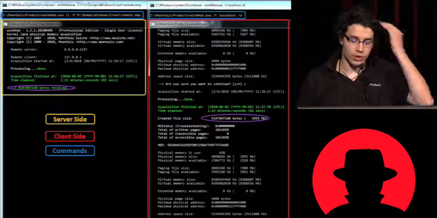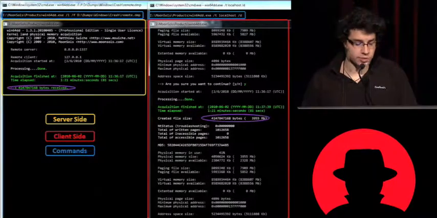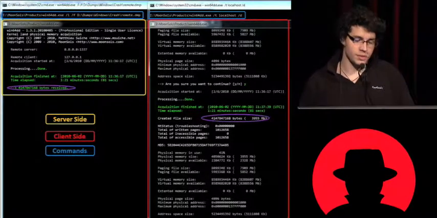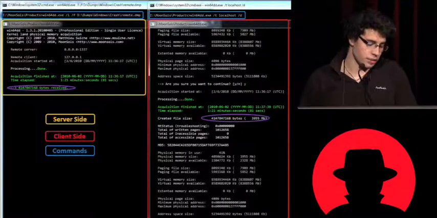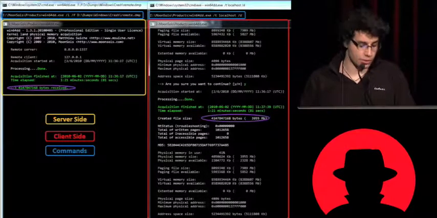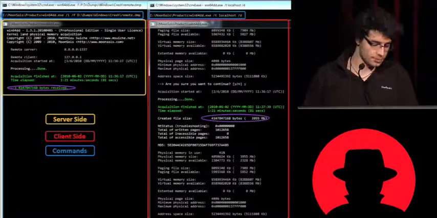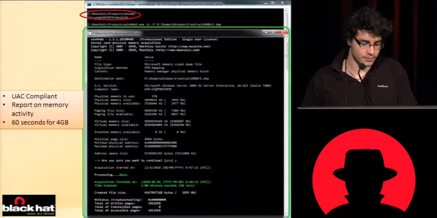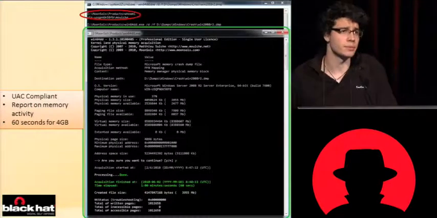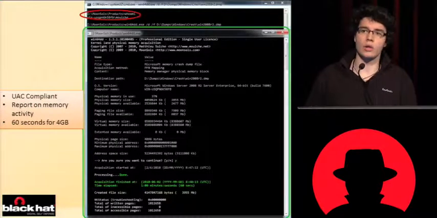It tells us how long it took to get the memory dump. And in the left part, we have the server part, which tells us that we have correctly received the memory dump and how long it took to receive it. Again, when WinDD is sending the data to the server, it's done from kernel mode, so it's really cool. And it's not even using WinSock, which Microsoft introduced in Windows Vista.